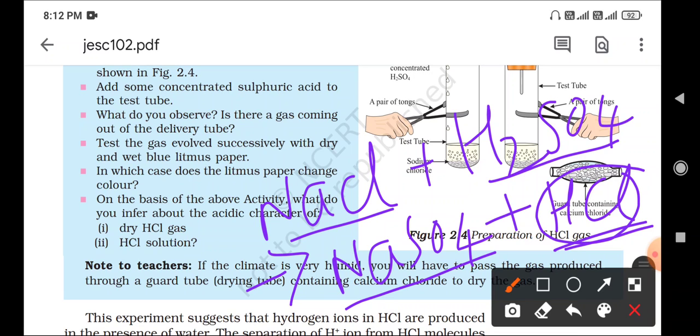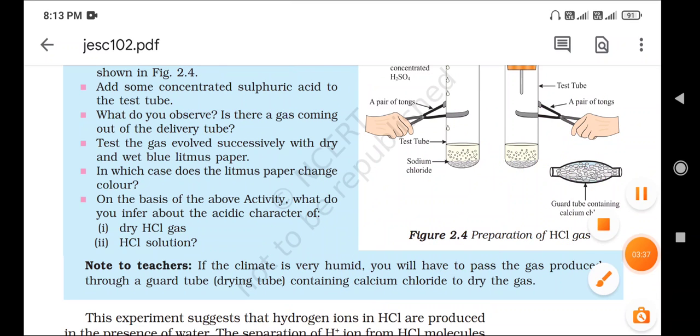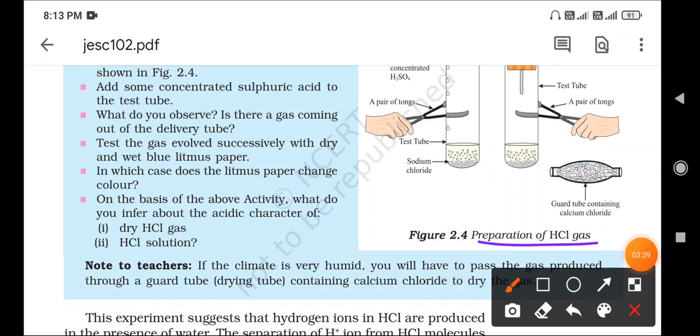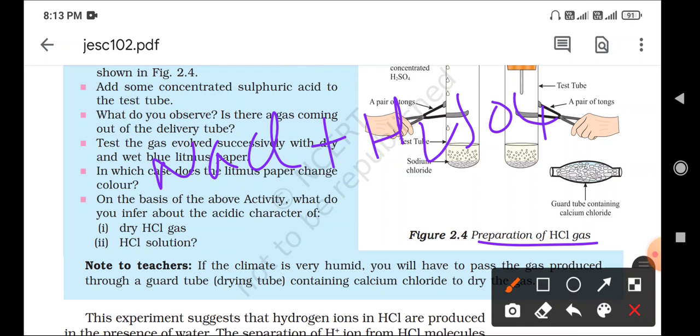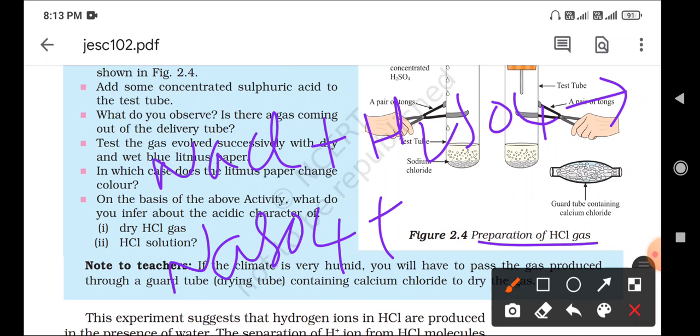This gas reacts only with wet blue litmus paper, not dry litmus paper. This is the preparation of HCl gas. How is HCl gas prepared? We simply take NaCl plus H2SO4, and that gives sodium sulfate plus HCl gas liberated.